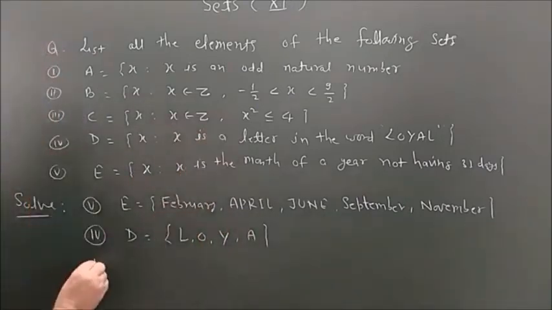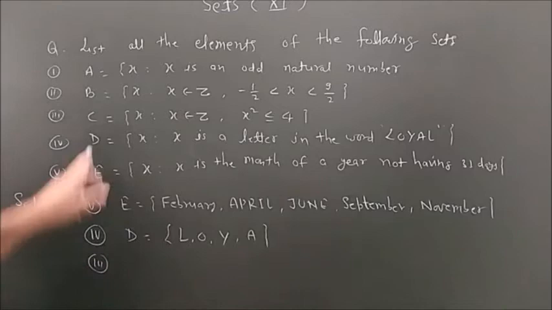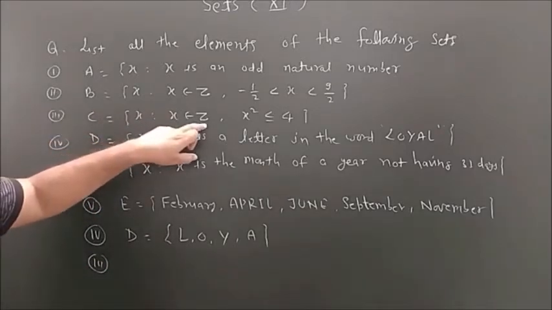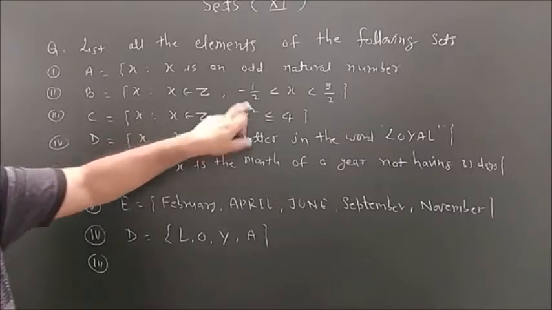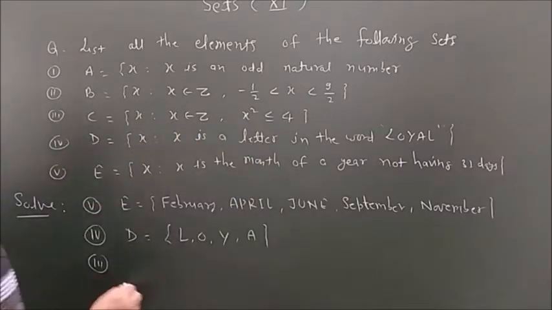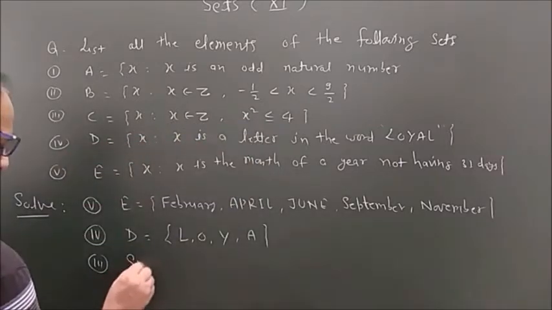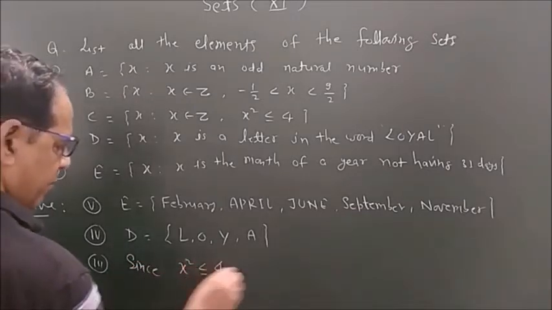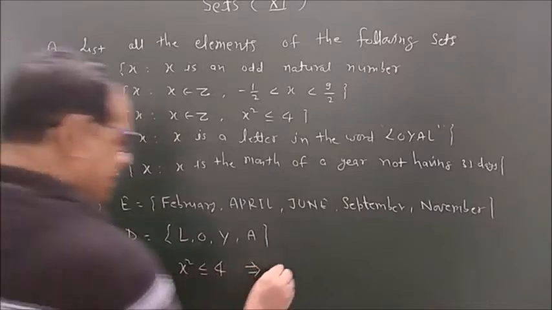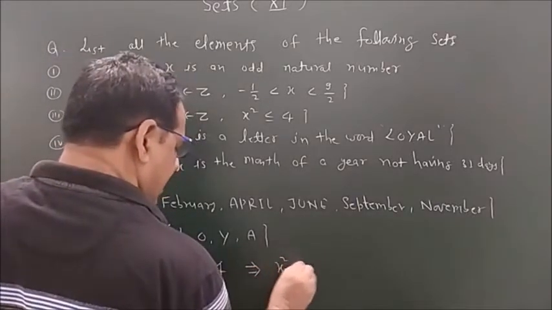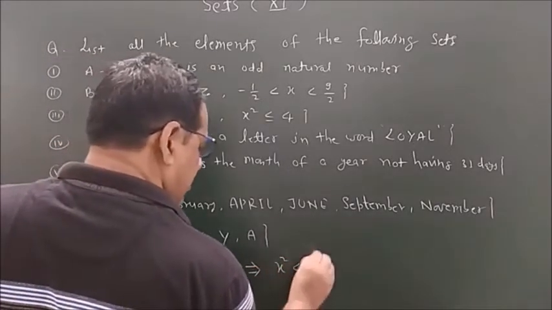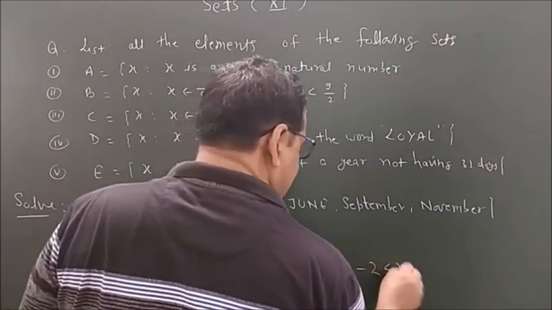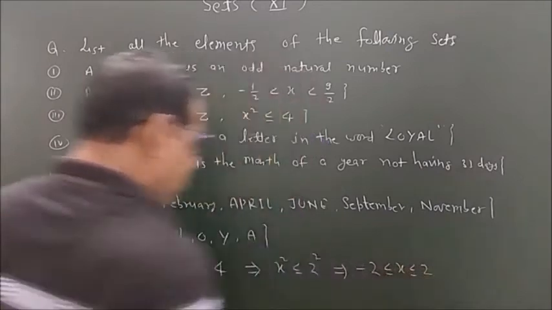Now in question 3, C equal to x, x belongs to Z, that means x is an integer, and x square less than or equal to 4. Since x square less than or equal to 4 implies x square less than or equal to 2 square, implies minus 2 less than or equal to x less than or equal to 2.